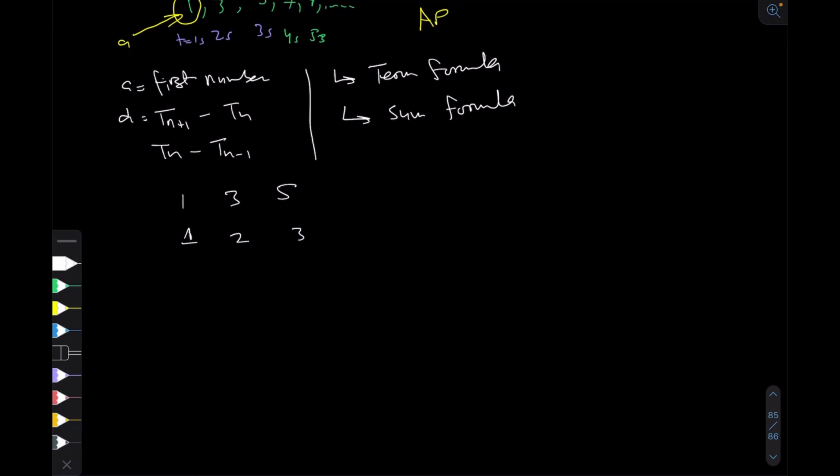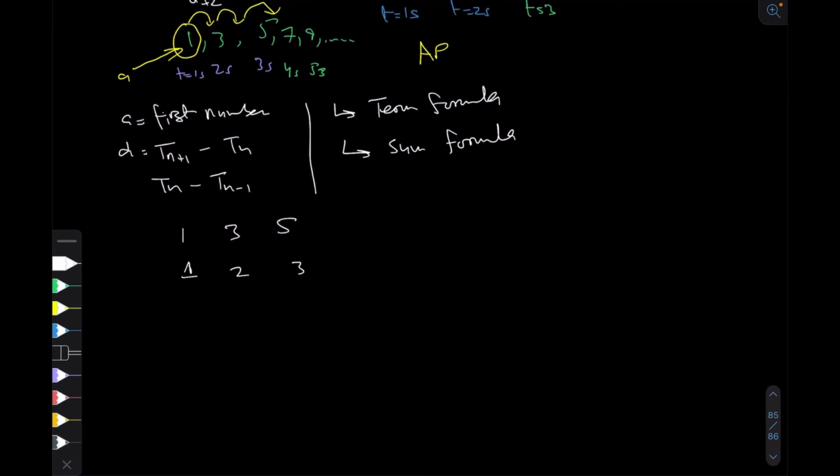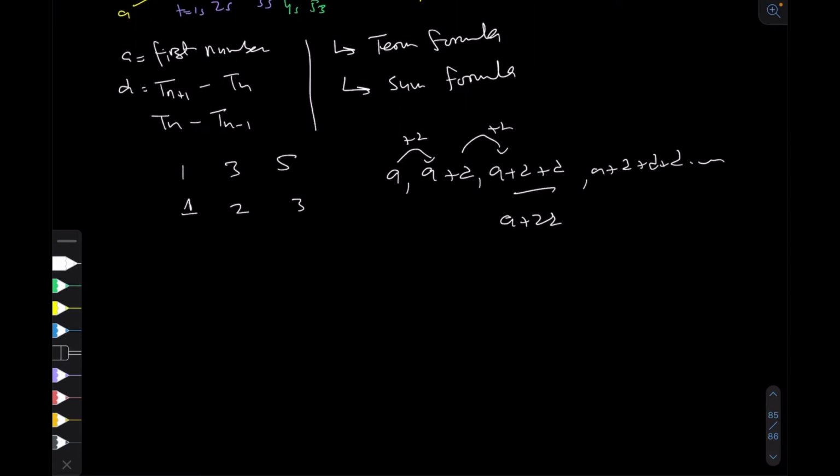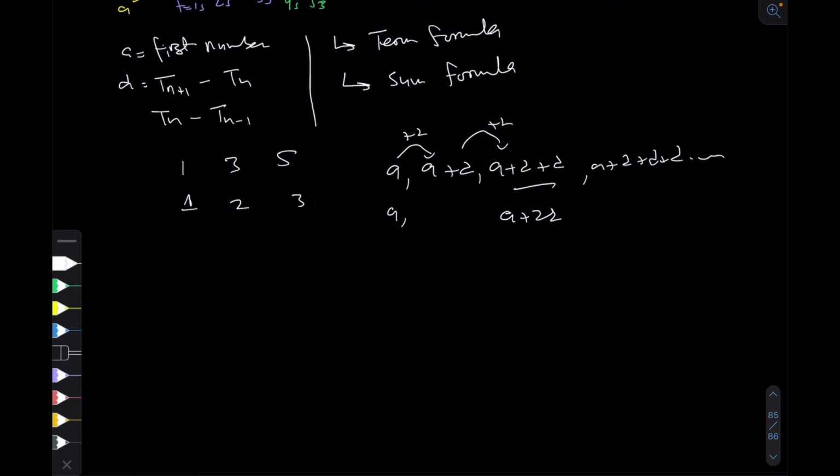In any AP, I can write it as A, A plus D, A plus D plus D, because after every term there's a plus D being added, so A plus D plus D plus D and so on. This is the same as A plus 2D because multiplication is basically adding the same numbers again. So I can write this as A, A plus D, A plus 2D, A plus 3D, and so on. This was the first term, second term, third term, fourth term.